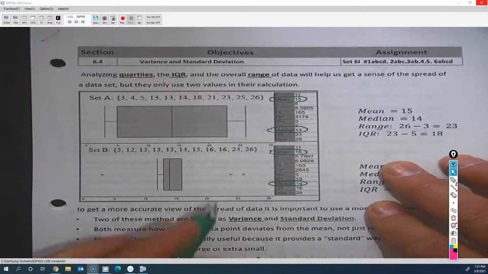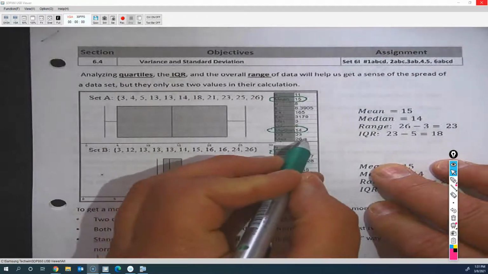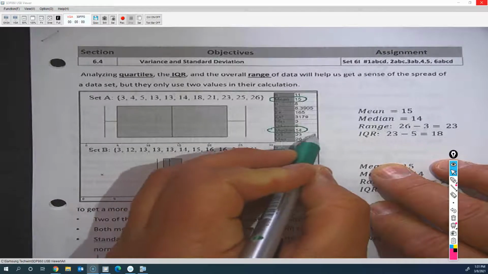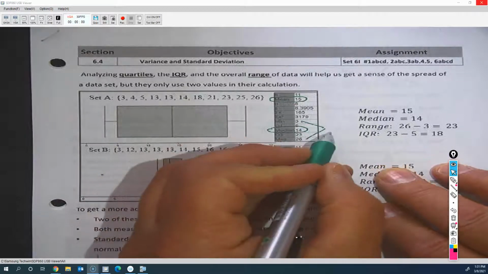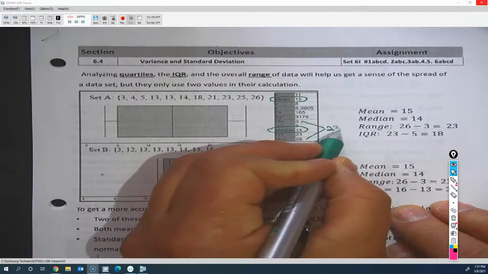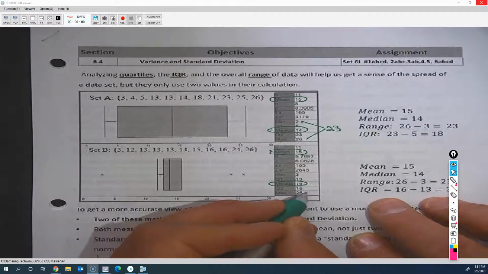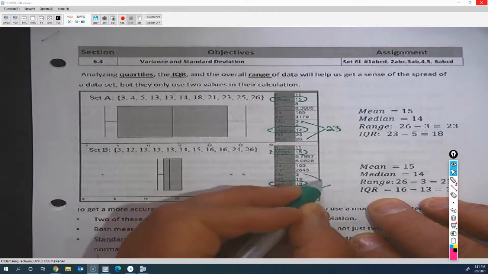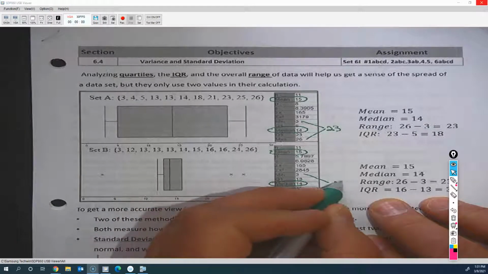If you look at their ranges, 26 minus 3, that's a range of 23. And down here, 26 minus 3, that's 23.